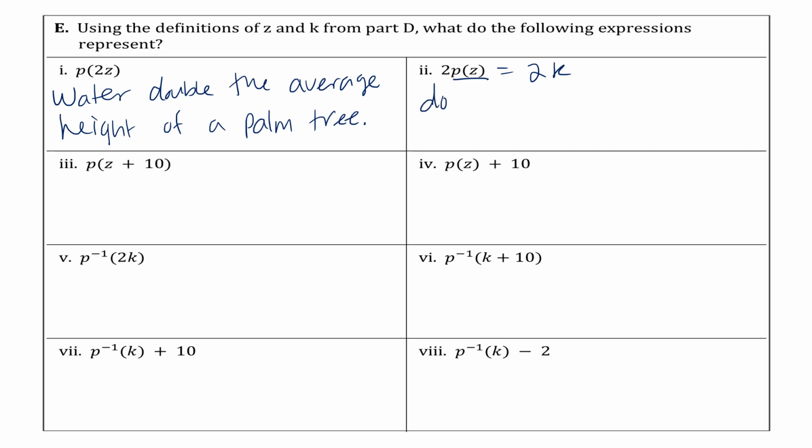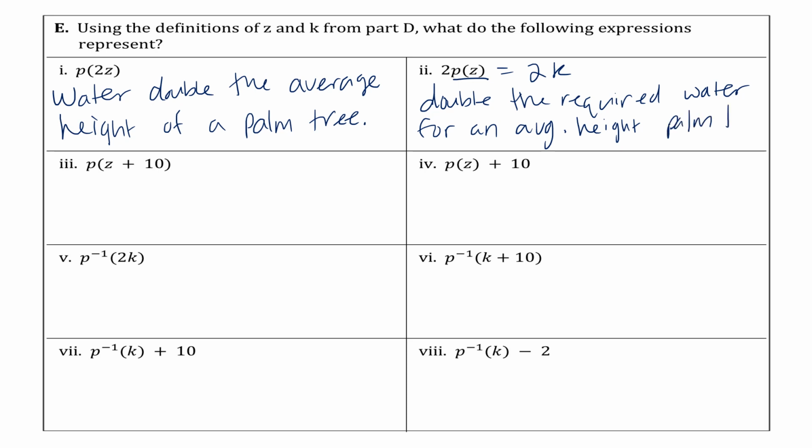So we're going to double the required water for an average height palm tree. Who knew that just a few little letters would equal all these words? I'm going to put periods at the end.